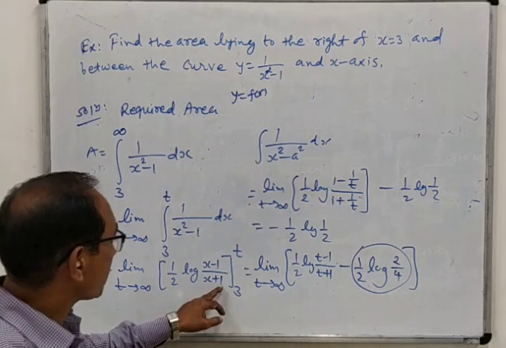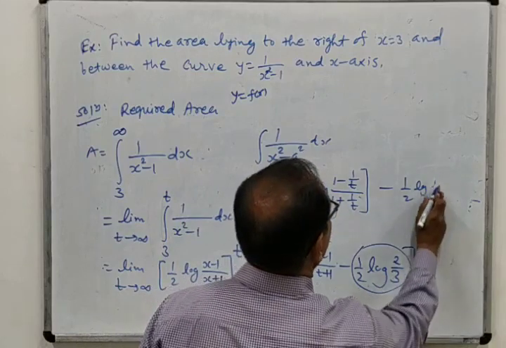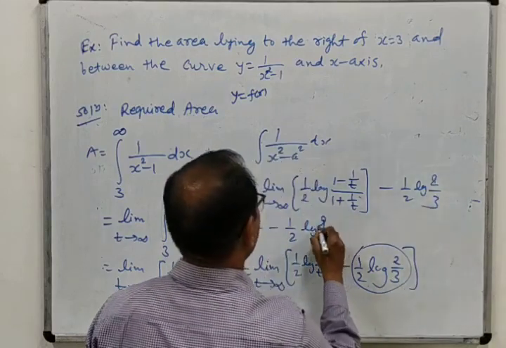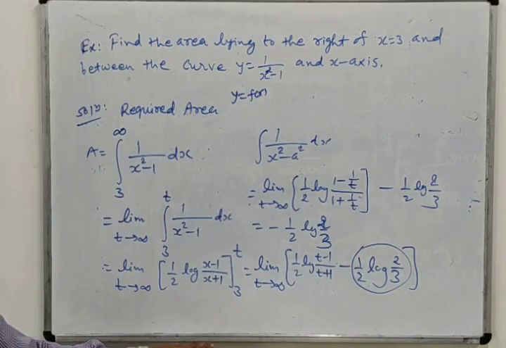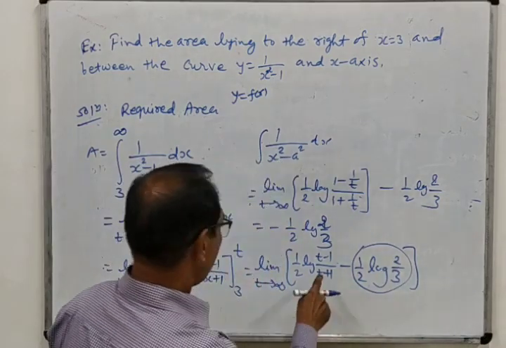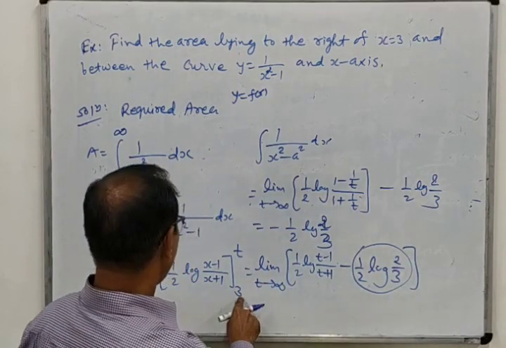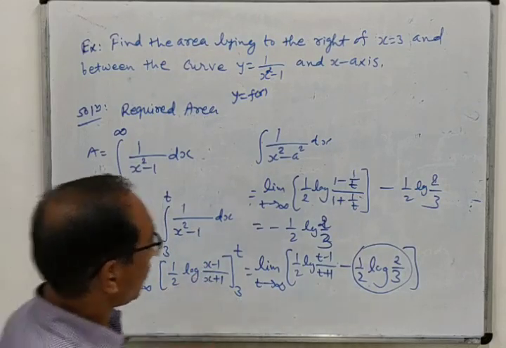Sorry, here 2 plus 1 is 3. Actually, see, with the limits 3 we were putting: 3 minus 1 is 2, and 3 plus 1 is 4.